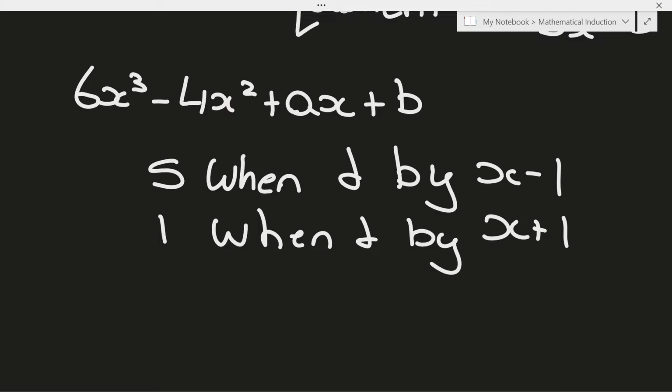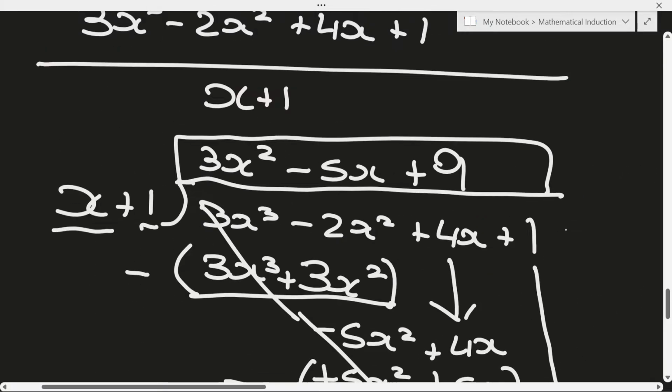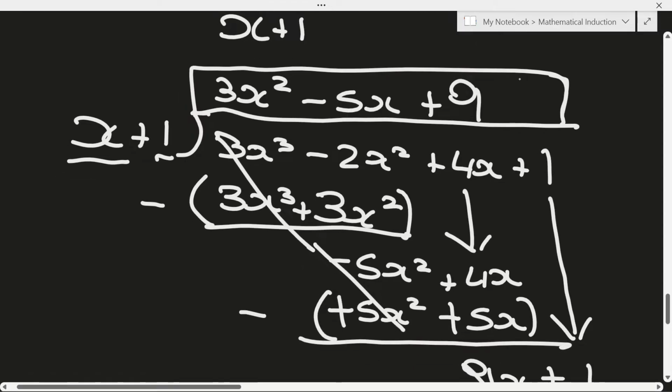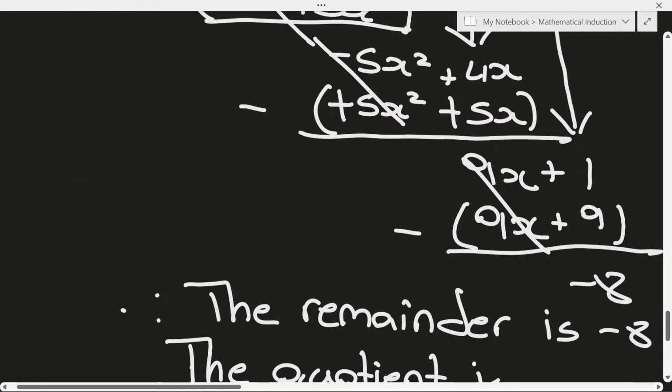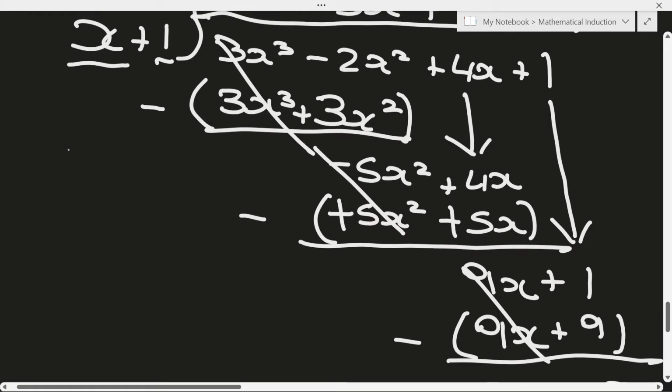But actually, right, I kind of skipped something. This is not remainder theorem. This is long division. What remainder theorem states is that if you take what you're dividing by, let's say in this case we're dividing by x plus 1, we can equate this to 0.